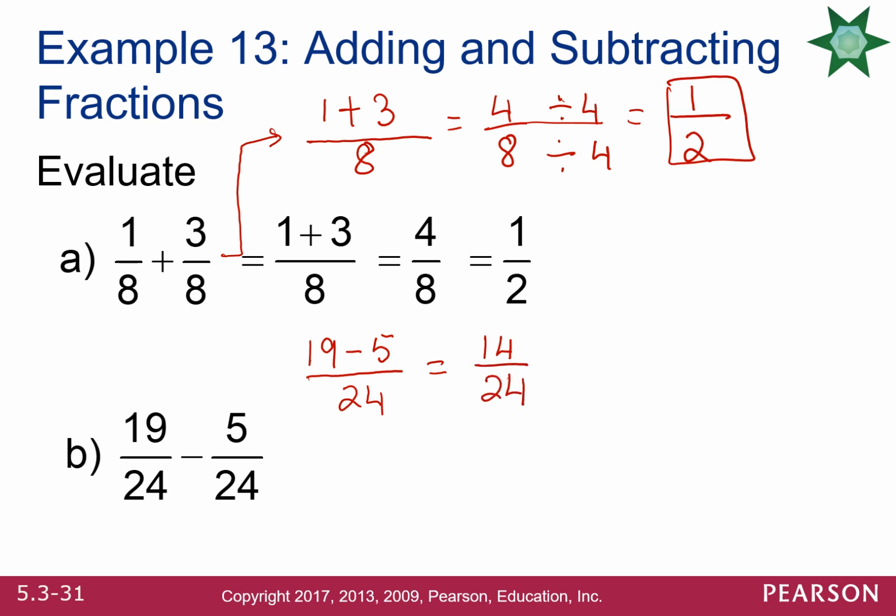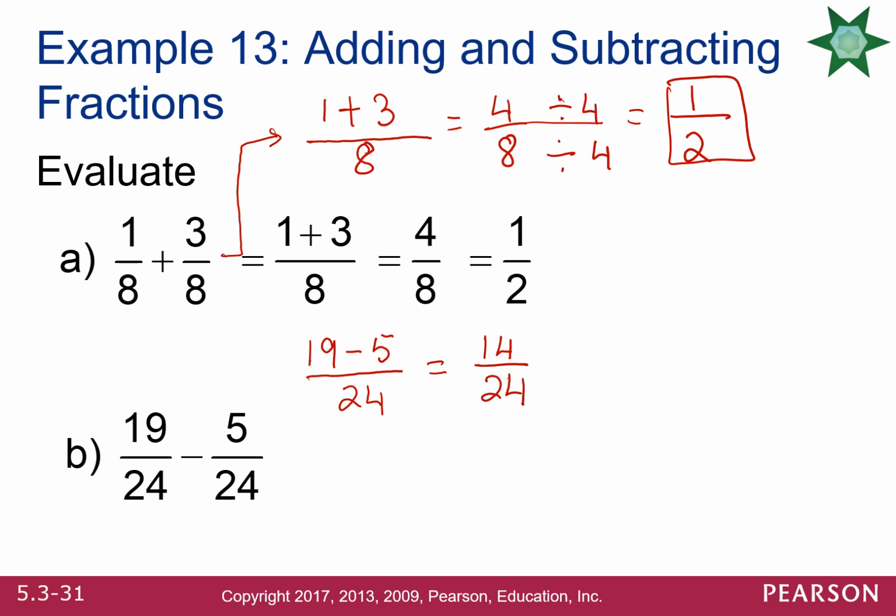And now we can reduce 14 over 24 further. What is the common factor between 14 and 24? 2. Right? 2 is the greatest common factor that will divide both 14 and 24 without leaving a remainder, correct?